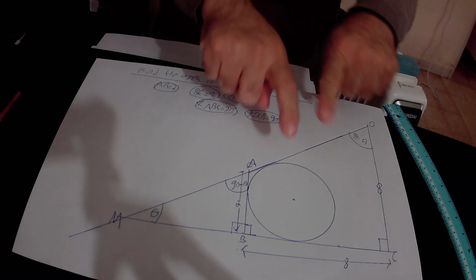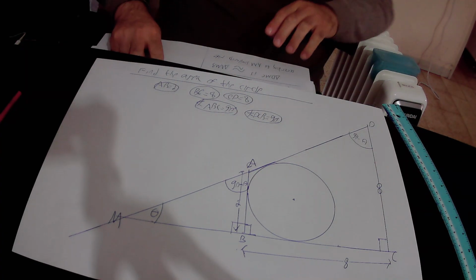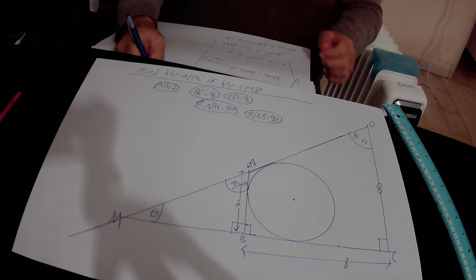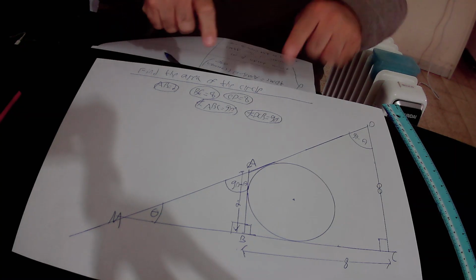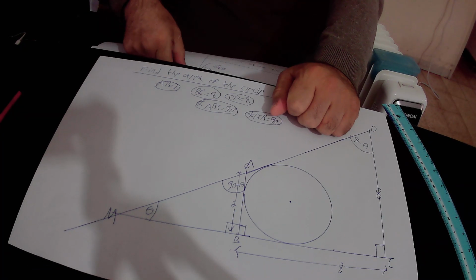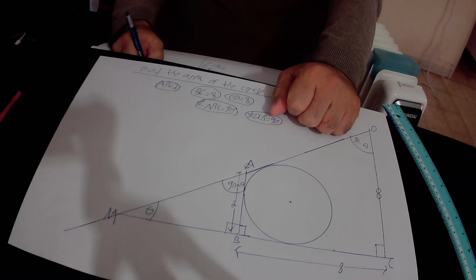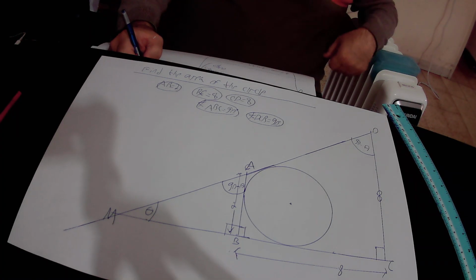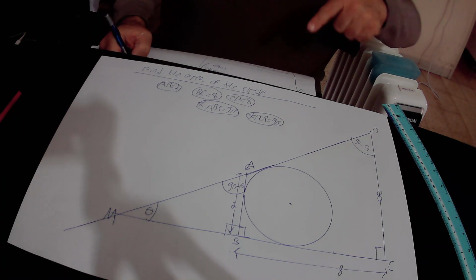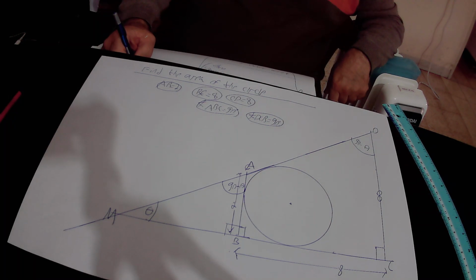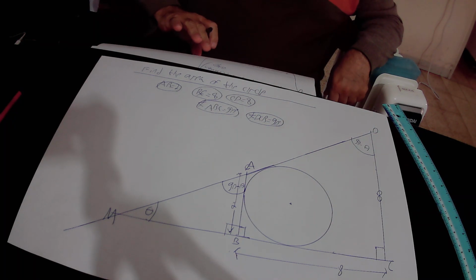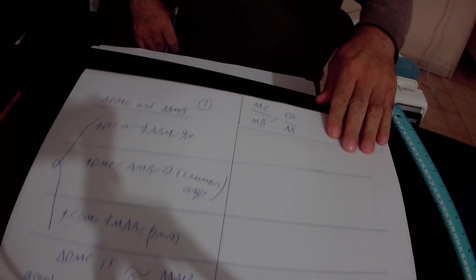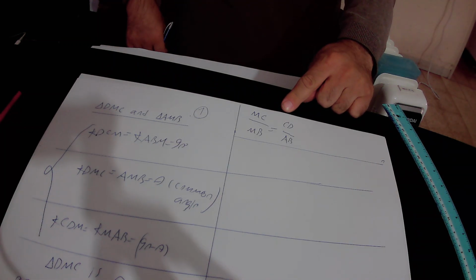We derive that MC in the big triangle over MB in the small triangle is equal to DC in the big triangle over AB in the small triangle. I'll repeat again: MC over MB equals CD over AB.